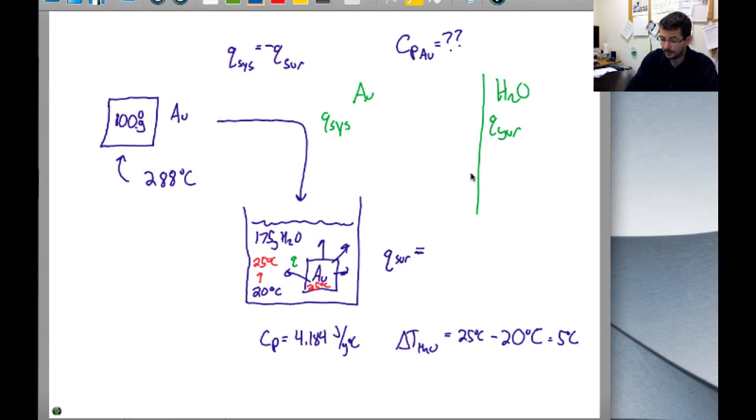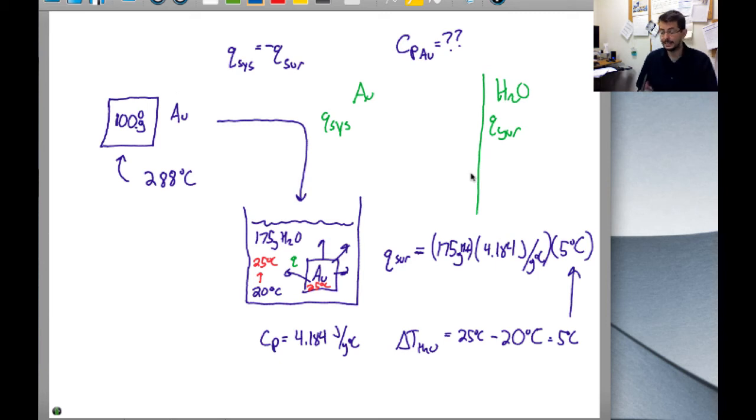Q of the surroundings is equal to the mass of the water, 175 grams, times its heat capacity, 4.184 joules per gram degree centigrade, all times the temperature change of 5 degrees centigrade.